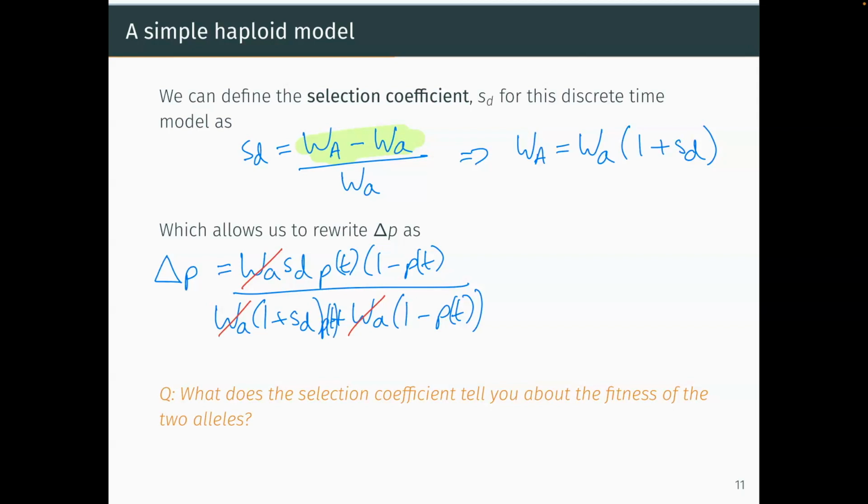So in this first term in the denominator, there should be a P of T. So we're going to have a 1 plus SD times by P of T plus 1 minus P of T. So that means on the bottom, this is just going to cancel down to being 1 plus SD, our selection coefficient, times by P of T. And on the top, we have our selection coefficient times by P of T times by 1 minus P of T. And again, we've gone from having these two parameters just down to one parameter.